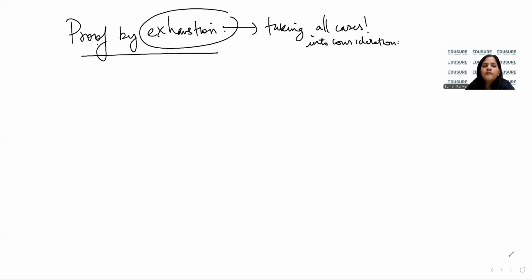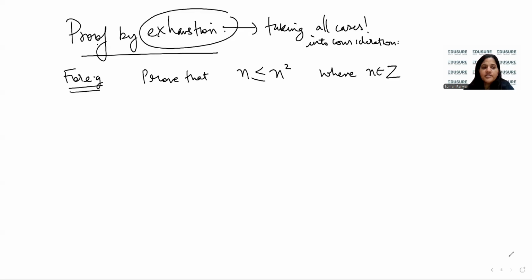Okay. For example, prove that n is less than or equal to n square, where n belongs to the set of integers.